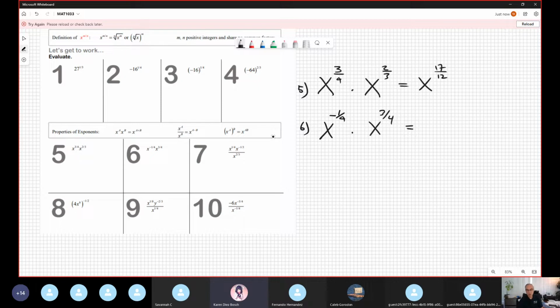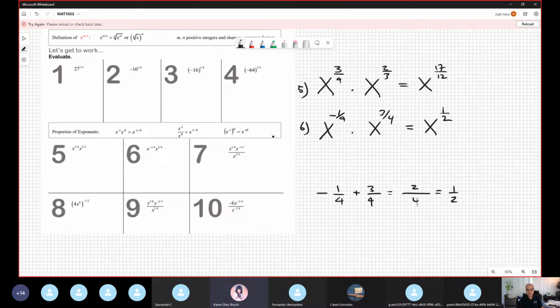You're adding, it actually is subtracting. Basically, it's negative 1 over 4 plus 3 over 4. In this case, super easy because the denominator is the same. You don't need to find the least common denominator. Negative 1 plus 3 is 2, and reducing to lowest terms, 1/2. The answer is x to the 1/2.